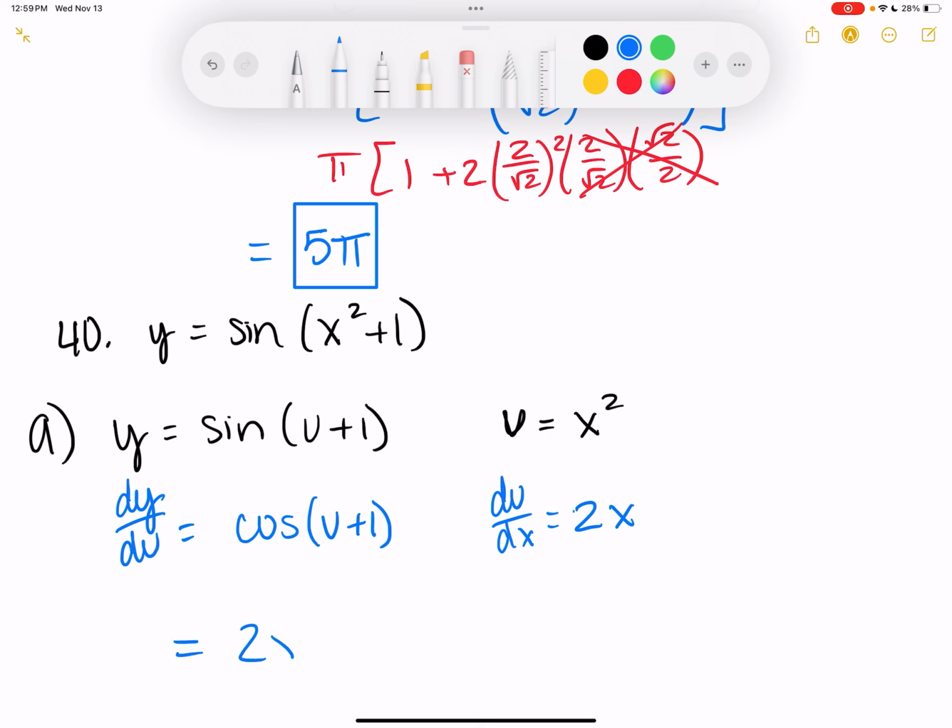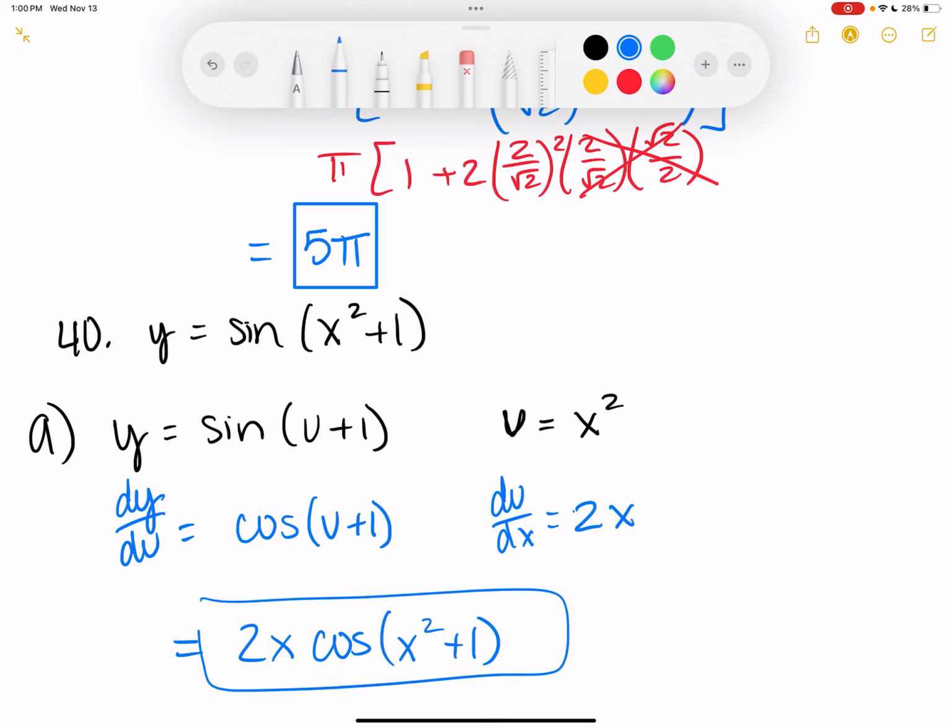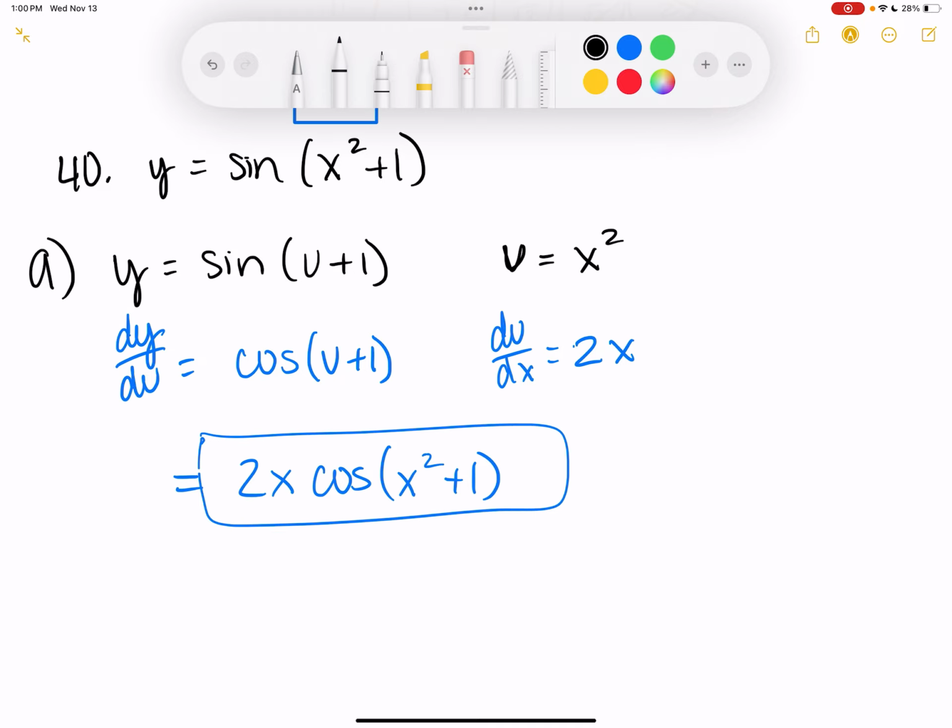So I get 2x times the cosine of, and then we got to make sure that whatever u is, we replace that here. So x squared plus 1. So this is like substitution as well as everything else. All right, b y equals the sine of u, and u equals x squared plus 1.